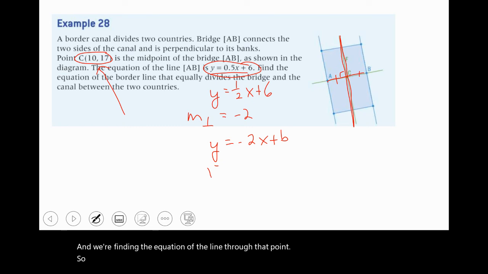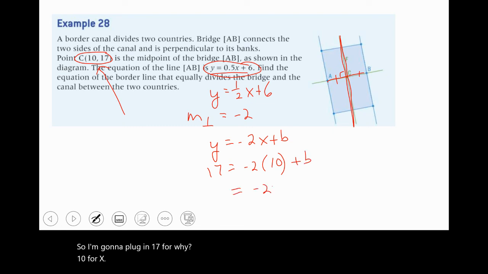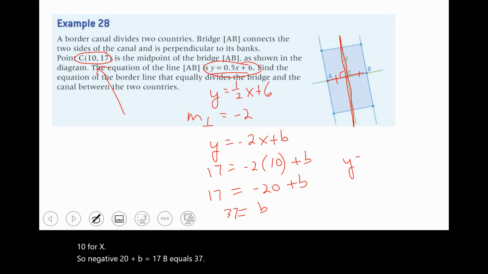So I'm going to plug in 17 for y, 10 for x. So -20 plus b equals 17, b equals 37. So the equation would be y equals -2x plus 37.